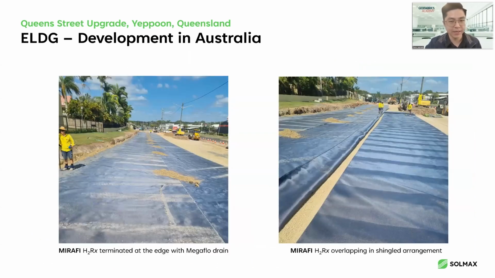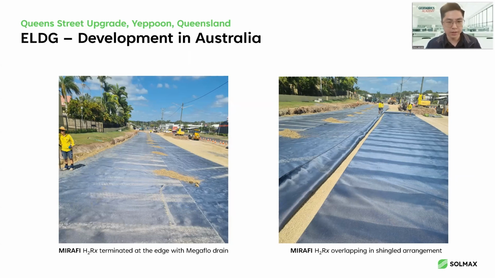The left-hand side photo is where the first section, the product, is being laid, and it shows the mega flow drain on the left, used as a drainage system to drain away the water from the roadside. And this ELDG product is installed and connected to these mega flow drains.